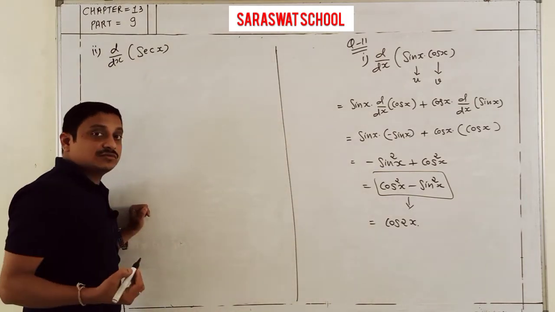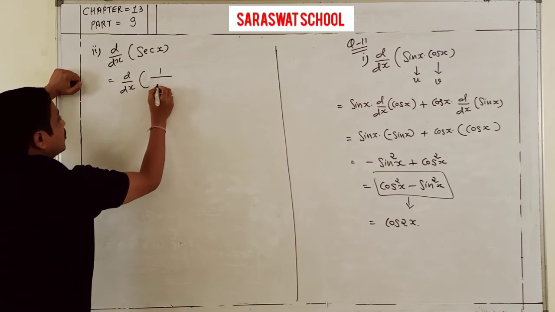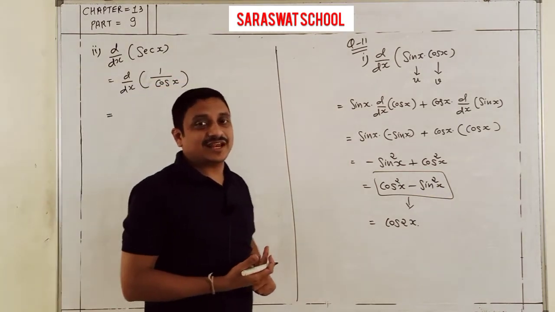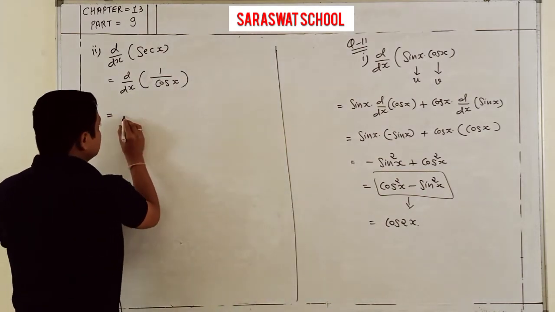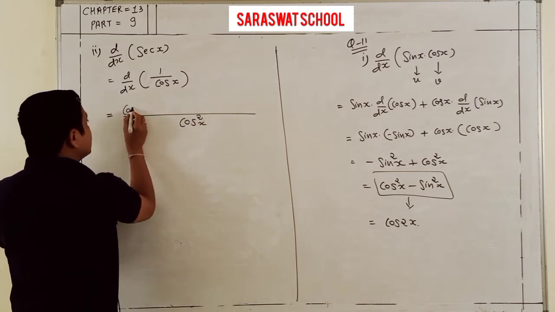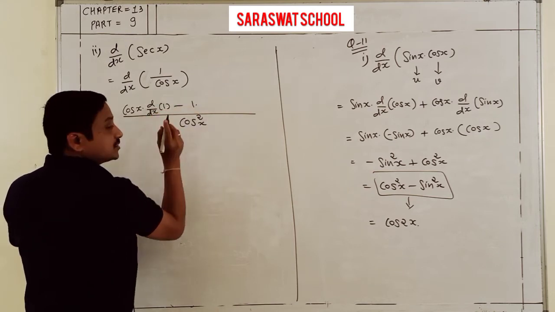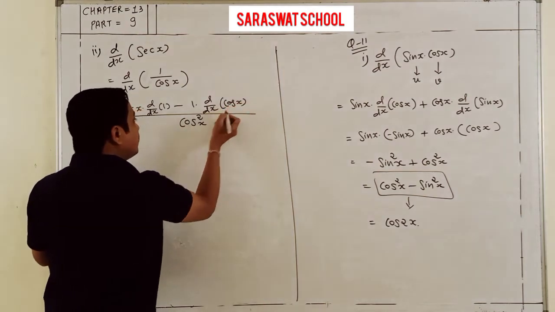Before that, go to the conversion of 1 by cos, the reciprocal of cos, and now apply the division rule. My division rule is: in the denominator the square, denominator d dx of numerator minus numerator d dx of denominator, and my answer is done.